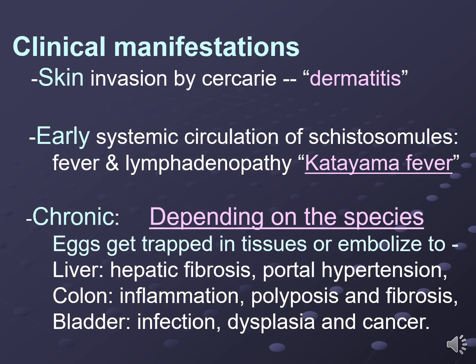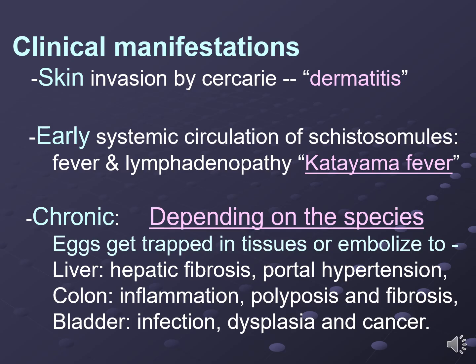Clinical manifestations. Upon acquiring the infection, with skin invasion by the cercaria, there will be a localized dermatitis, and this is sometimes referred to as swimmer's itch. So if you swim in the Nile and a few hours later you have itch in the skin with some lesions that look like an allergy, think of schistosomiasis and dermatitis, or swimmer's itch of schistosomes. Then comes early systemic circulation of the schistosomules.